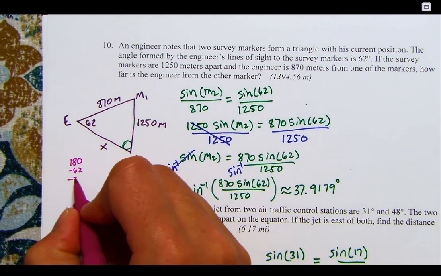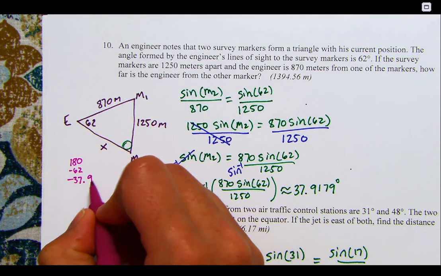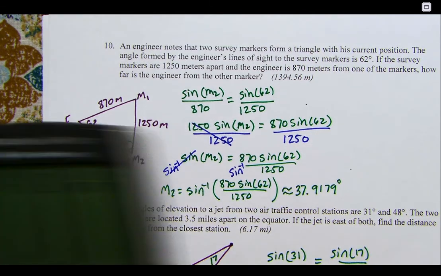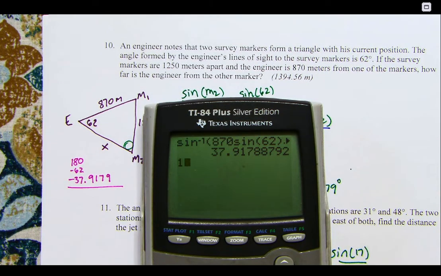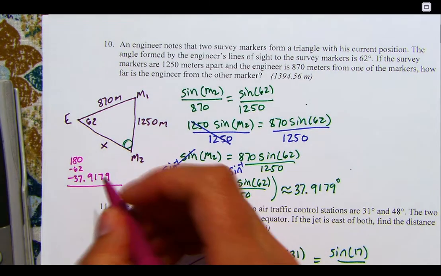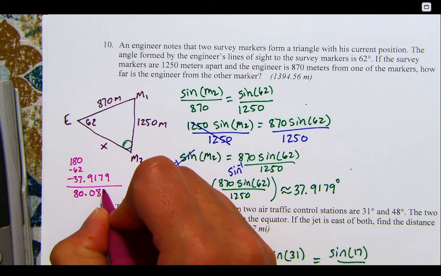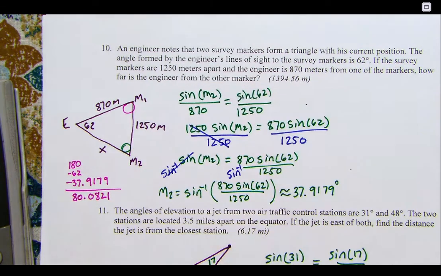So minus 37.9179. So I'm going to type that into my calculator. So 180 minus 62 minus 37.9179. All right, so 80.0821.